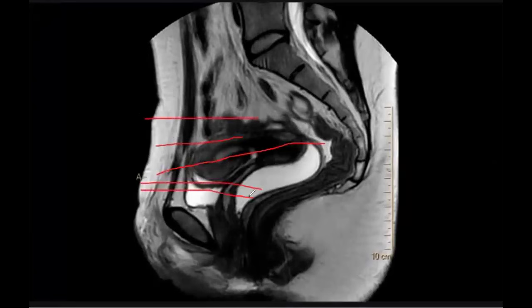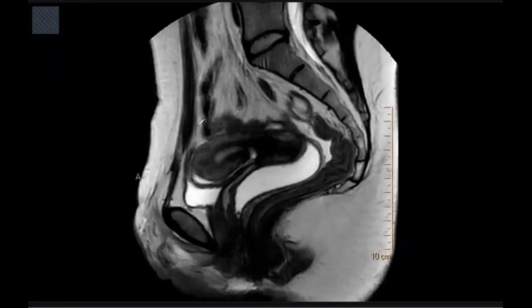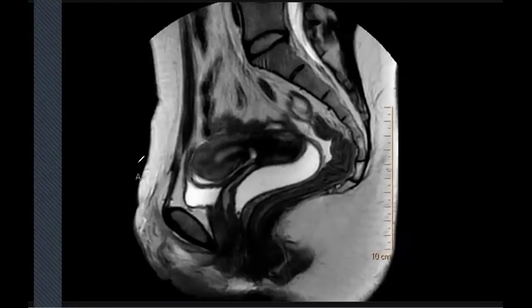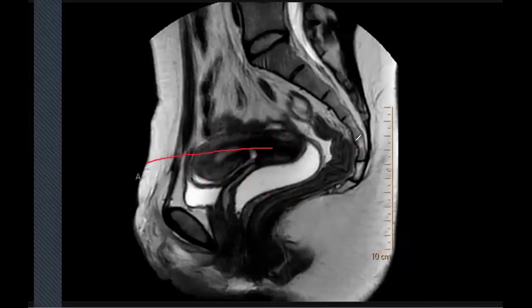This is the usual axis of the pelvis, axial on the pelvis. If we talk like this, this will be the axial on the uterine axis. So we have to take the coronal like this.